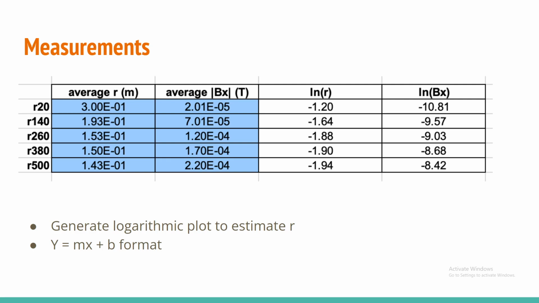After getting the measurements at various distances, I took the log. The computer gave me the logarithmic values for each of those, and it's going to generate a logarithmic plot to estimate r. It takes the logarithmic value so that we can get a y equals mx plus b format.